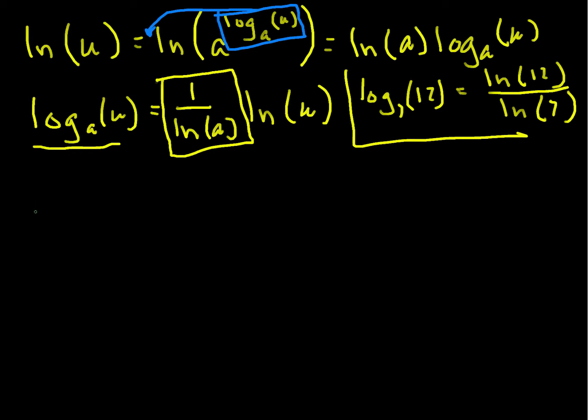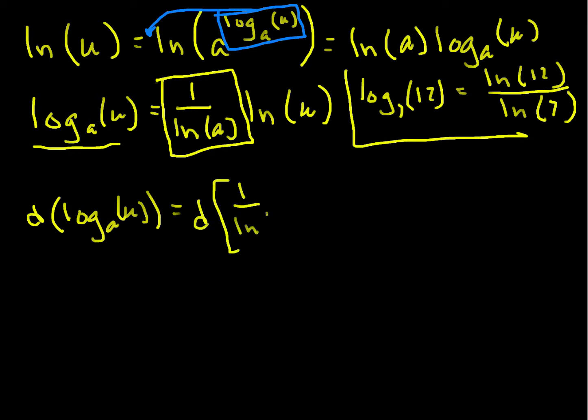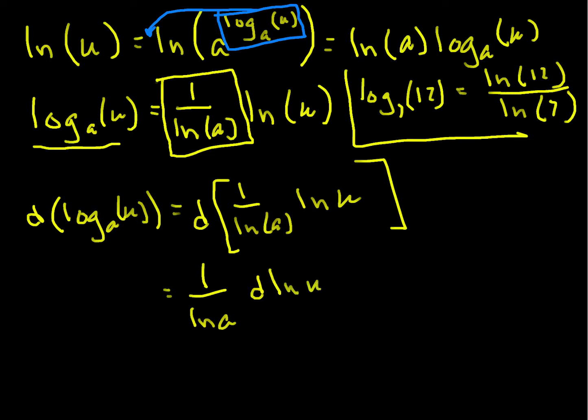Formally, the differential of log base a of u is equal to the differential of 1 over natural log of a times natural log of u, which is 1 over natural log of a, because that comes out, times the differential of ln of u.